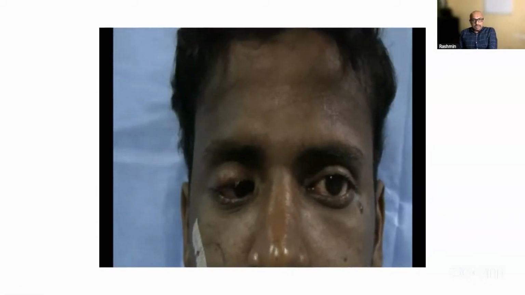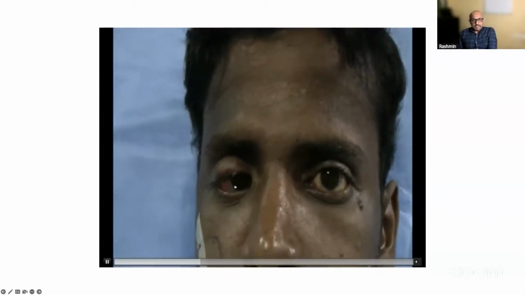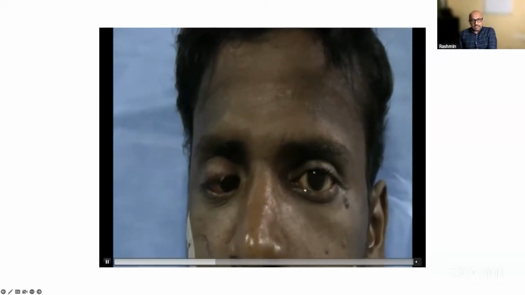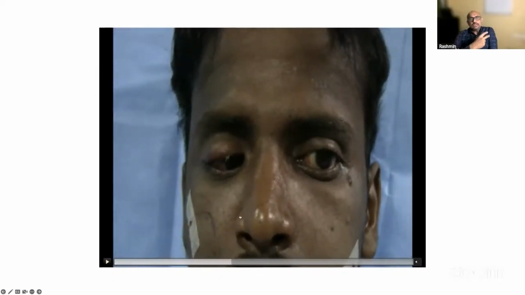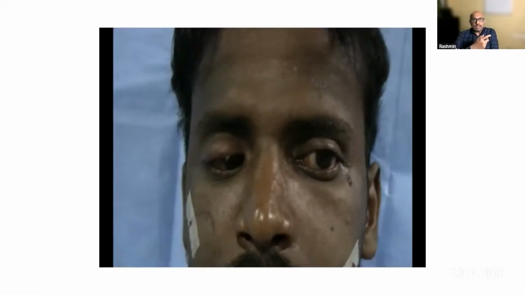Looking to the right, the right eye is not abducting and the left eye is not adducting. So we have seen two patients, both with an abduction limitation in one eye and also a 7th nerve problem in the same eye. But in patient number one, you had nystagmus of the other eye, but the adduction was normal. Here in patient number two, there is limitation of adduction, implying there was a gaze palsy to the same side.